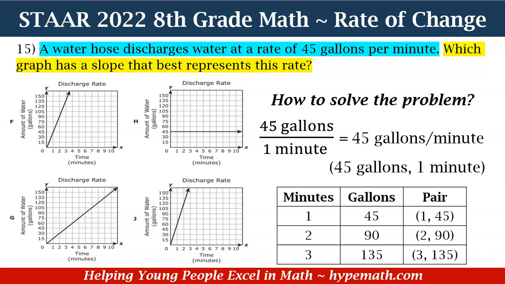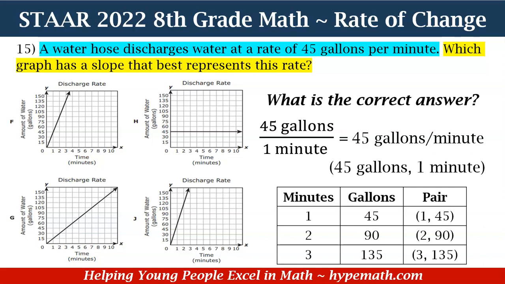So in order for us to find the correct answer, what we need to do is look at our graphs to see which one shows for the x-axis where there's a 1, it is 45. For 2, it is 90. And then for 3, it's 135.